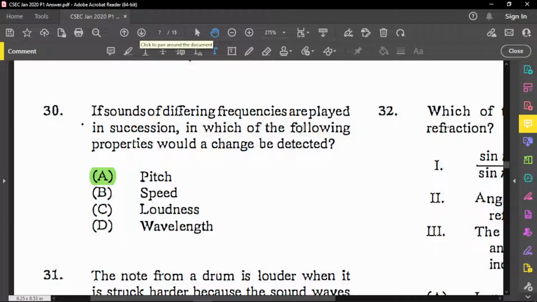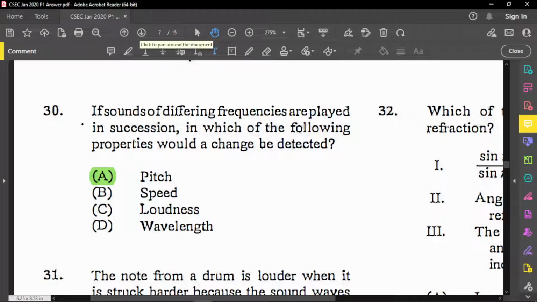And so again, point to note is different frequencies, right? The frequency of a wave determines the pitch of it. And again, amplitude determines the loudness of it. So A will be detected since the frequencies are different.